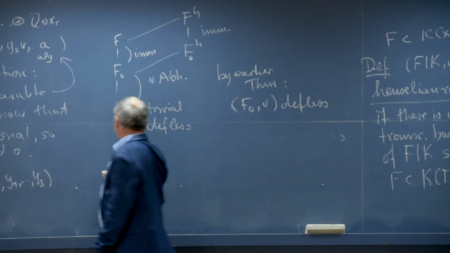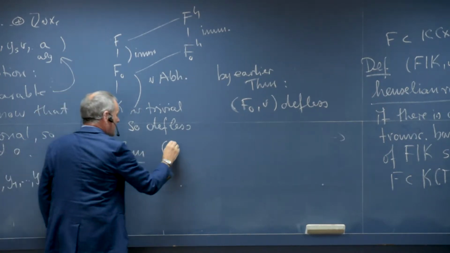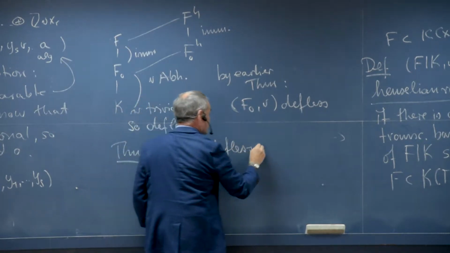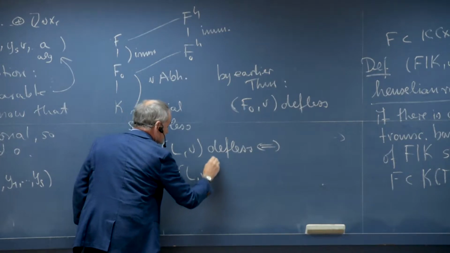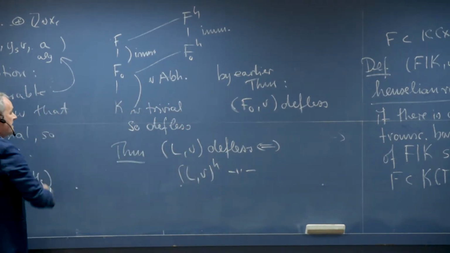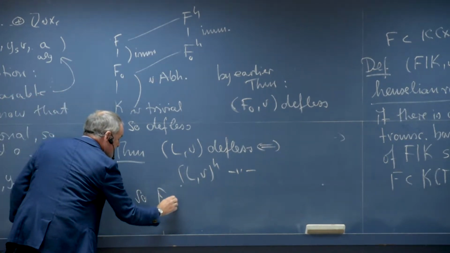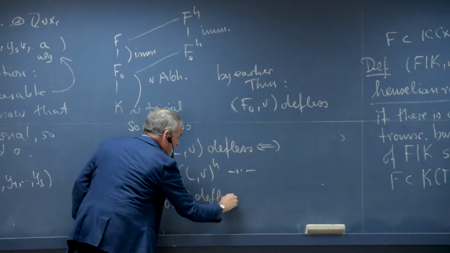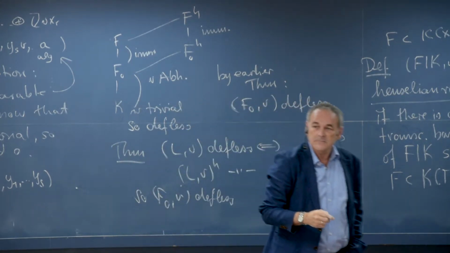And now what we need is a general theorem: (L|K,v) is defectless if and only if its Henselization is. And so we get that this guy is defectless, but this was immediate, so e and f is 1.